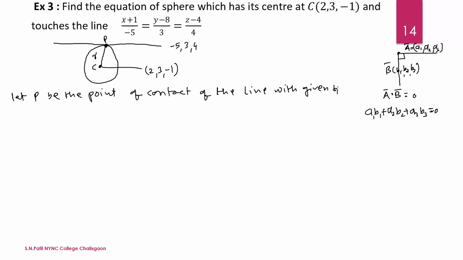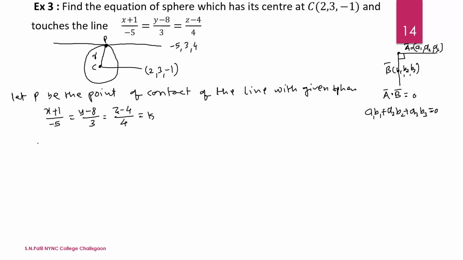Now we have the equation, so first we find the general point: (x + 1)/(-5) = (y - 8)/3 = (z - 4)/4 = k.